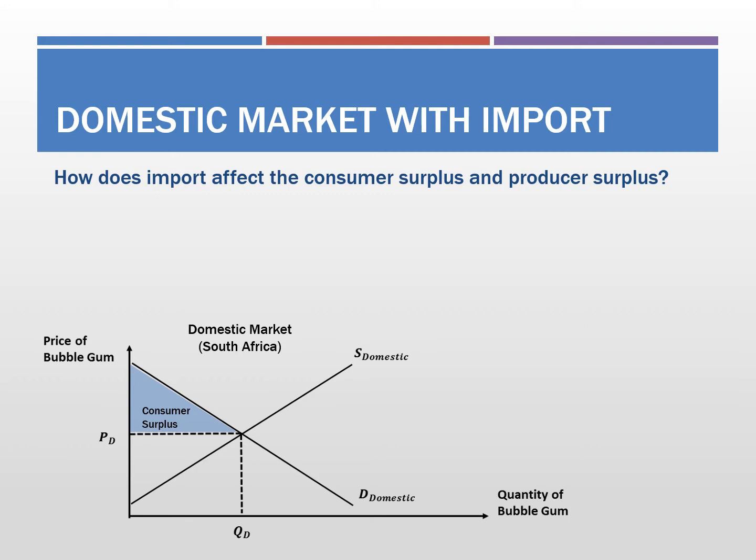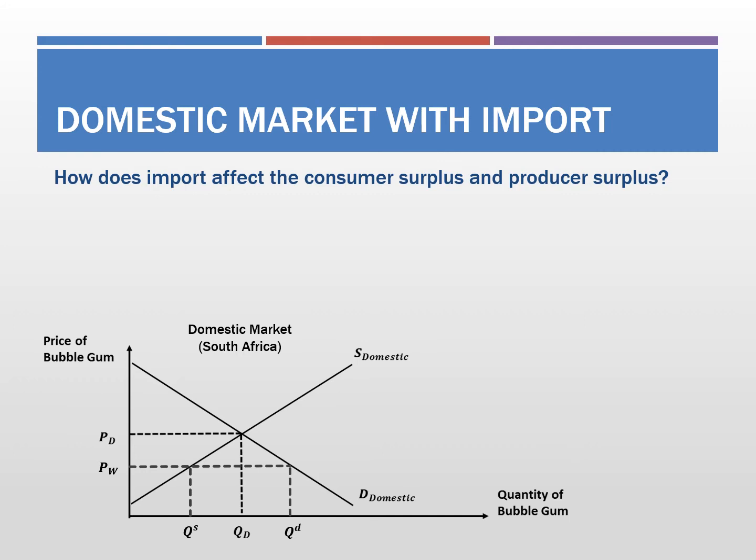Again, just like we said before, in a closed economy, we know that the consumer surplus and producer surplus are represented by the blue and red triangles here. Now, with the open economy, we would like to think about how this new price will affect the people buying and selling bubblegum in South Africa.